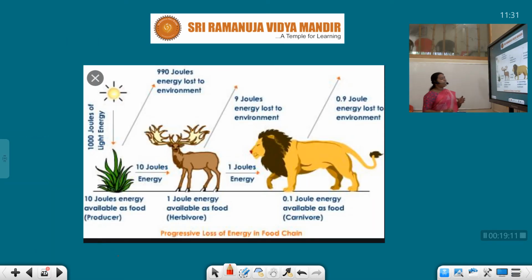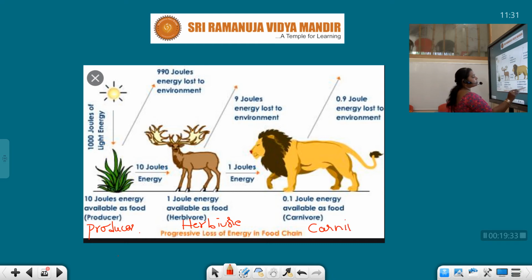See students, here is the progressive loss of energy in the food chain. Just see this picture, students. Here primary producers are there, and this one is the herbivore. You know what you mean by herbivore: all plant eating animals are herbivores, and this is the carnivore.